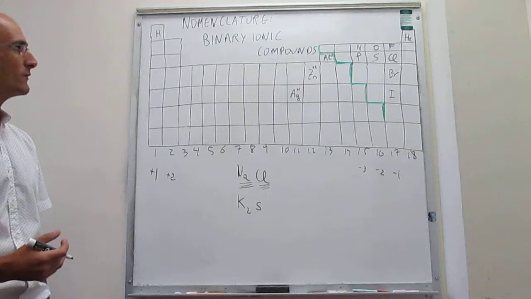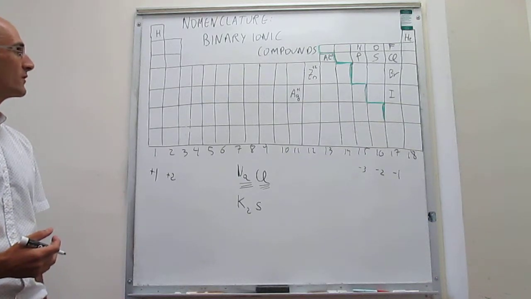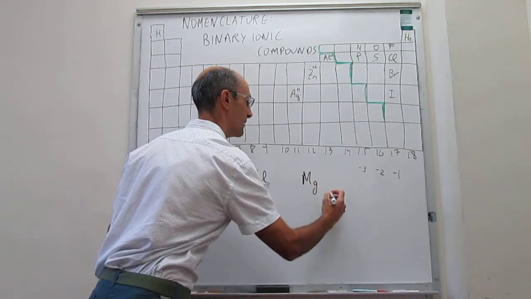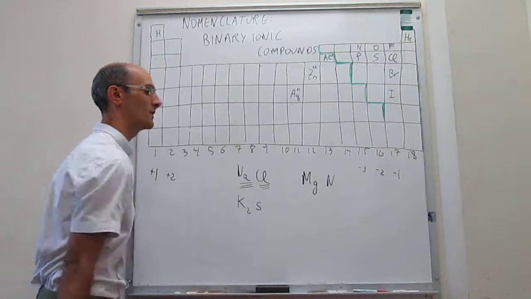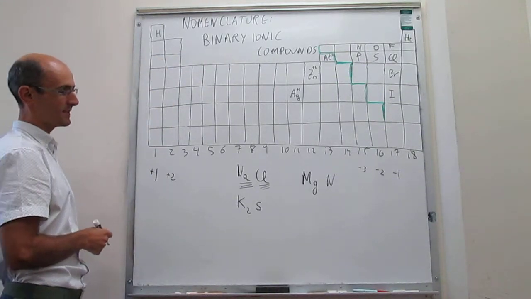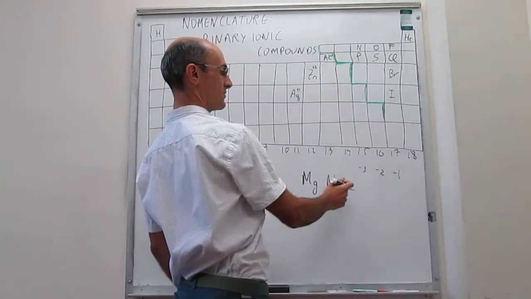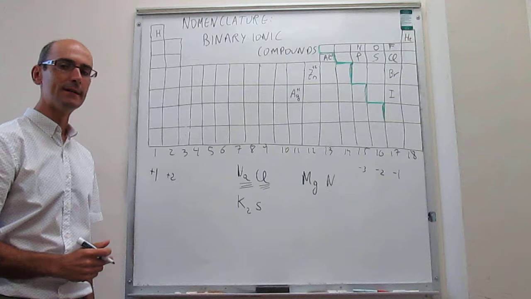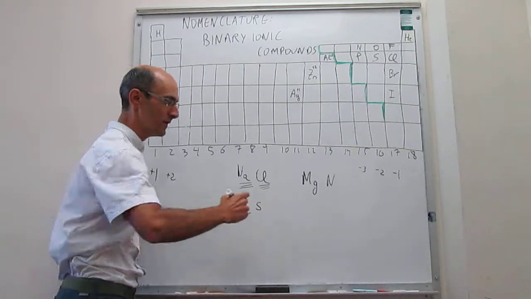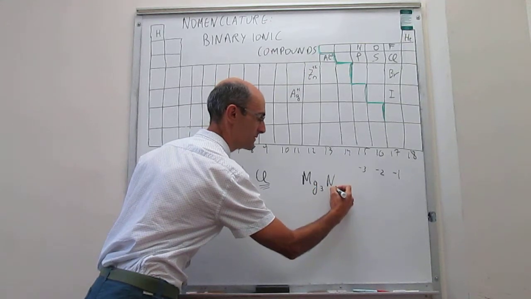Let's write a few other compounds here. We're going to take, for example, magnesium and nitrogen. Magnesium is an alkaline earth metal, and it has a charge of +2. Nitrogen is in this group, and it's going to have a -3 charge. In order to make things neutral, the compound must be like this.